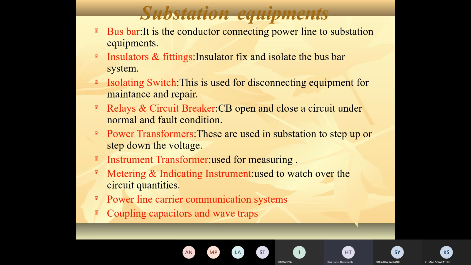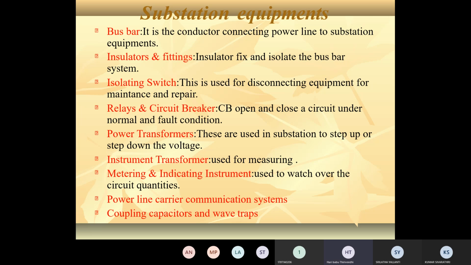There are generally 2 types of isolators: single pole isolators and 3 pole isolators. In the diagram, the isolator is a single pole isolator. Why? Because a substation may be divided into different sections, and each section can be disconnected from another through the isolator for maintenance.